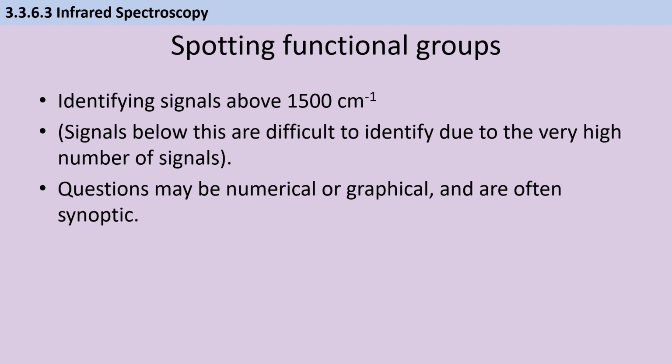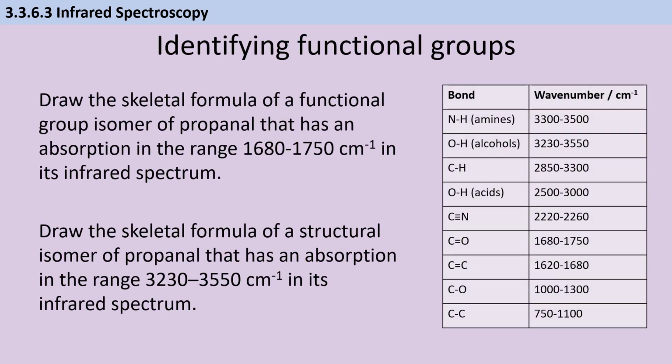You're going to get some questions which are numerical and just give you the numbers, and some questions where they're graphical and give you the picture of the spectrum. Very often these questions are synoptic, so you're going to have other parts of the organic specification assessed within the same question. These are 1-mark questions, which you would think would be quite straightforward, but actually they're assessing quite a few different skills.